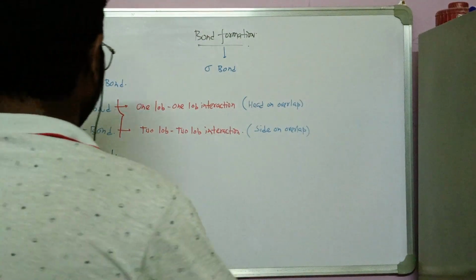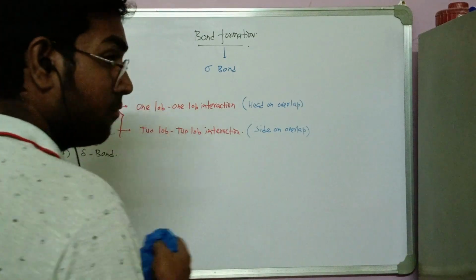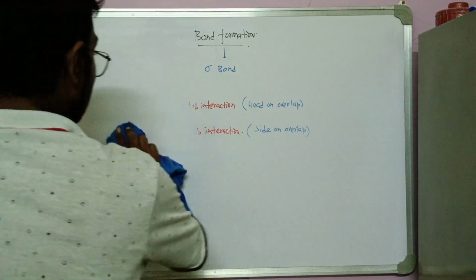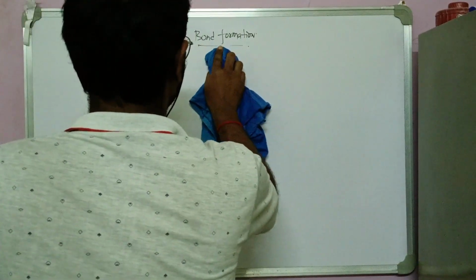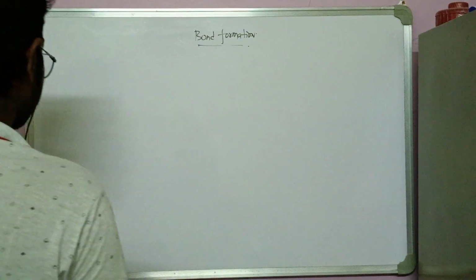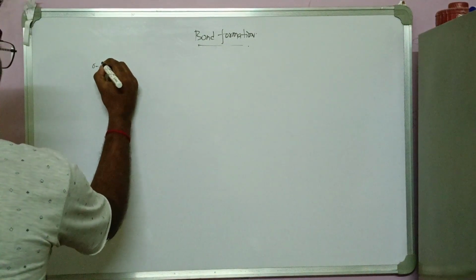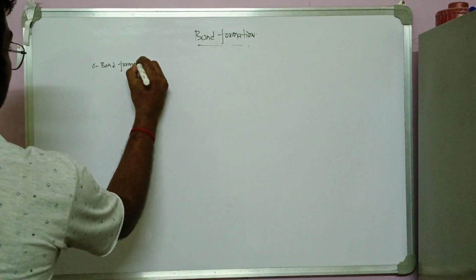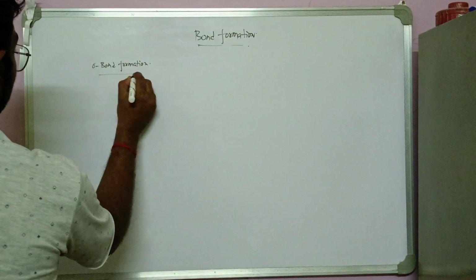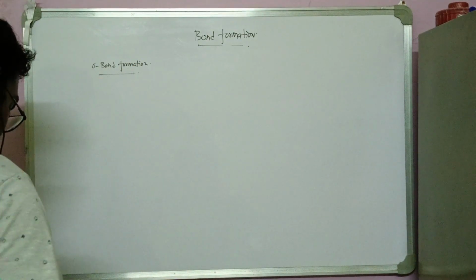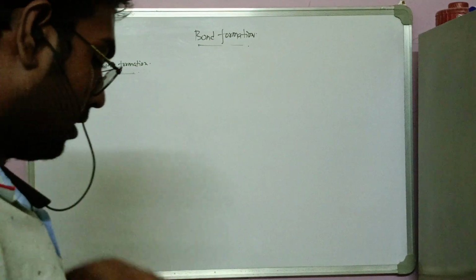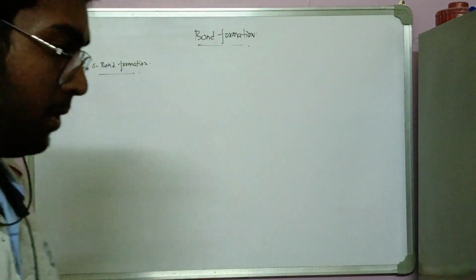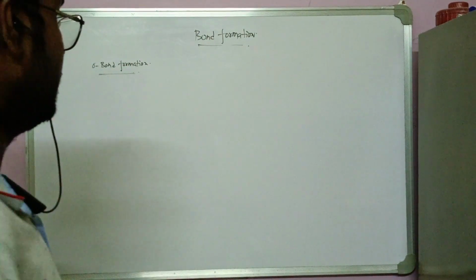So what does that mean? Let's understand from a visual representation. I am discussing first the sigma bond formation. You know that there are three types of p orbitals: px, py and pz.